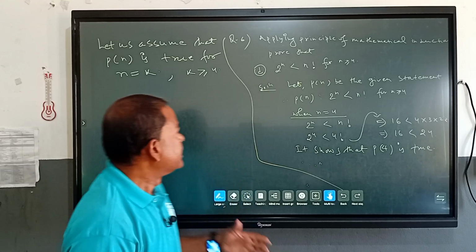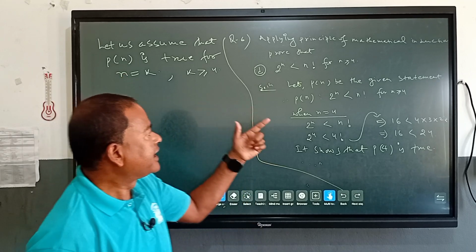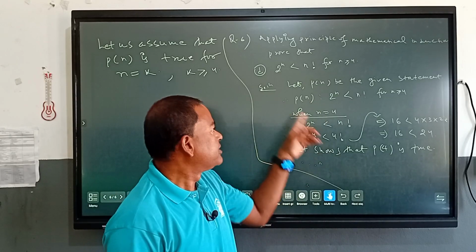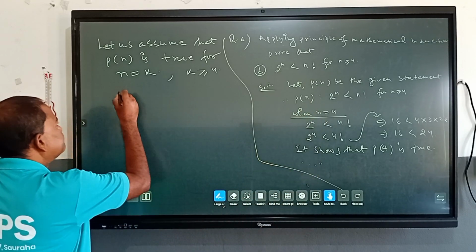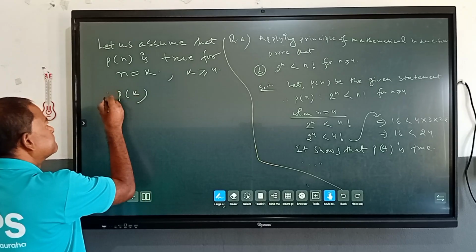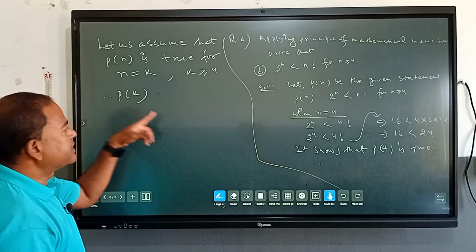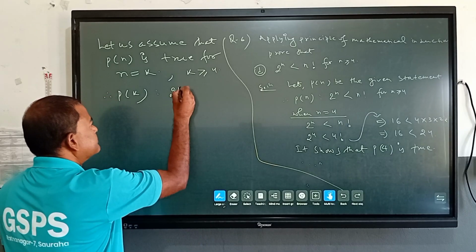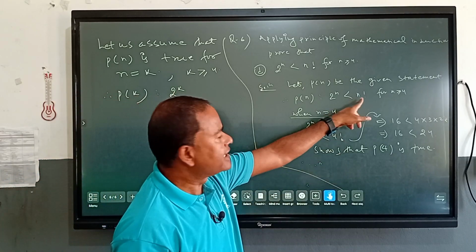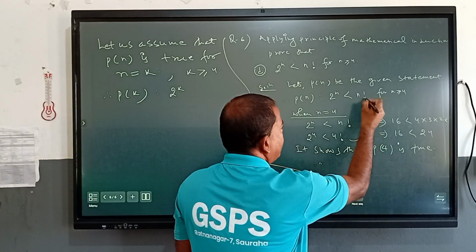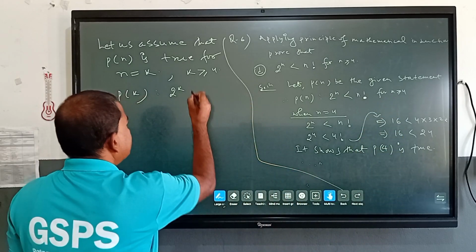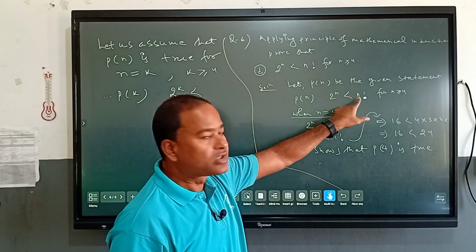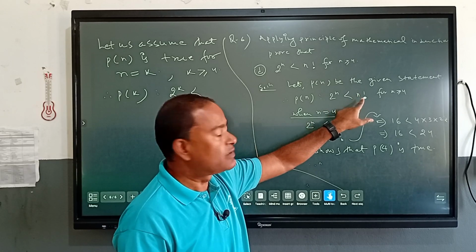So dear students, let us put the value of n as k in our given statement. Then our statement will be Pk. Therefore Pk shows that 2^k is less than k factorial. Since we have put the value of n as k on the left hand side, on the right hand side also we have to replace n with k.